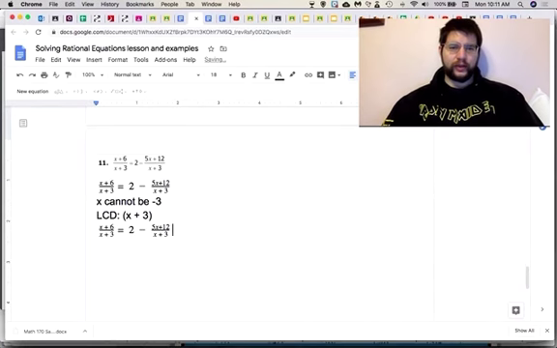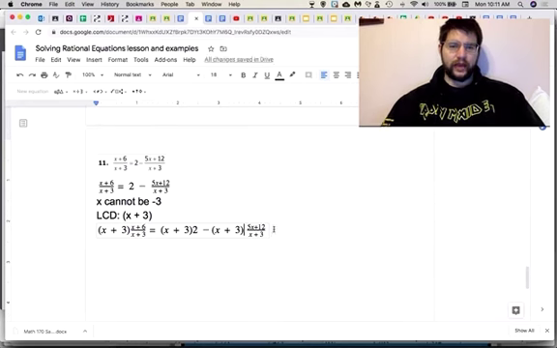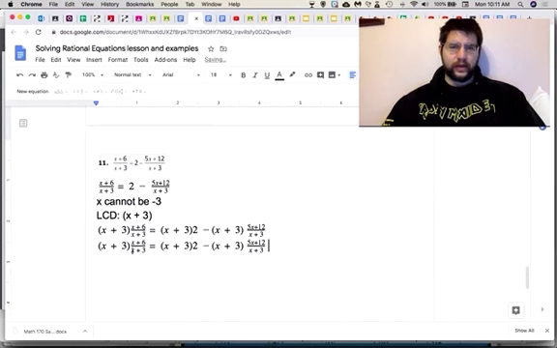So now I'm going to copy paste. That's my LCD. Let me copy paste that, multiplied by each term. Now, let's cancel some stuff. Copy paste that again. X plus 3 is canceled, so this is gone. Don't highlight that parenthesis.